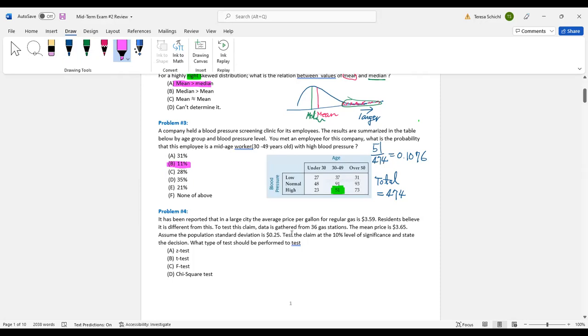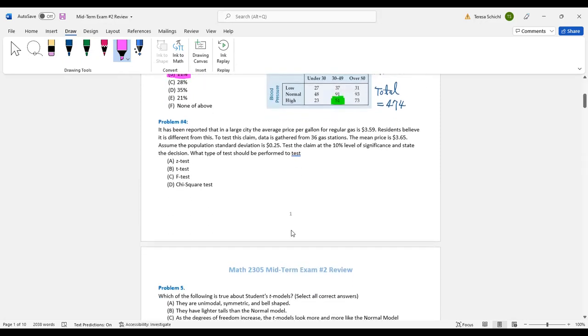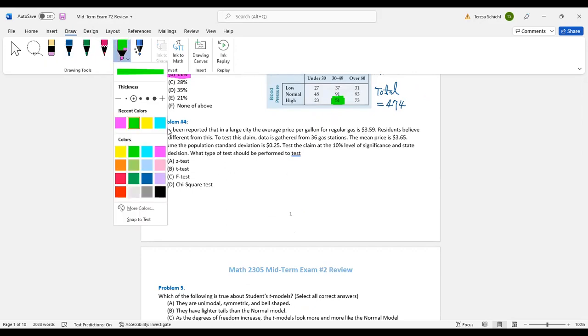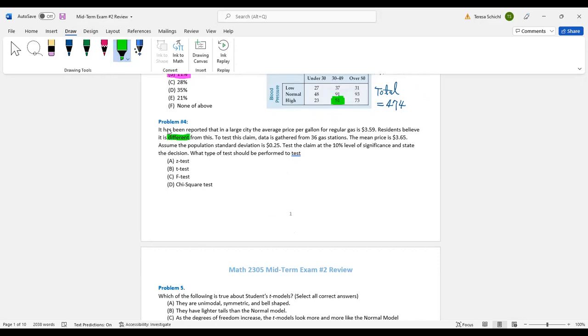All right. Okay, so now let's take a look at number 4 here. It said it has been reported that in a large city, the average price per gallon of regular gas is 3.59. Residents believe this is different from here, right? So here, our keyword is different. Then to test this claim, data is gathered from 36 gas stations.